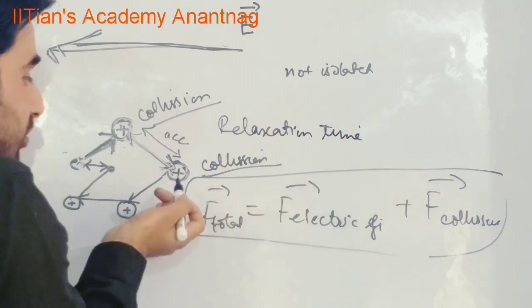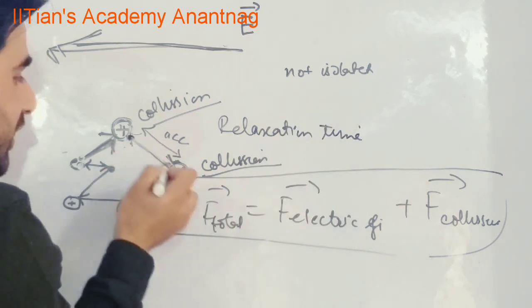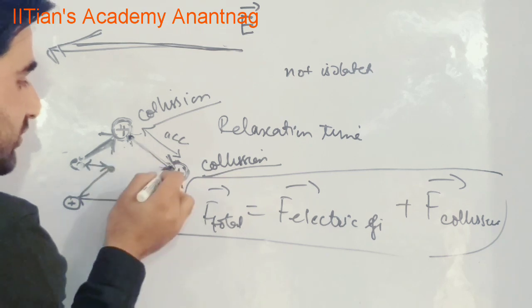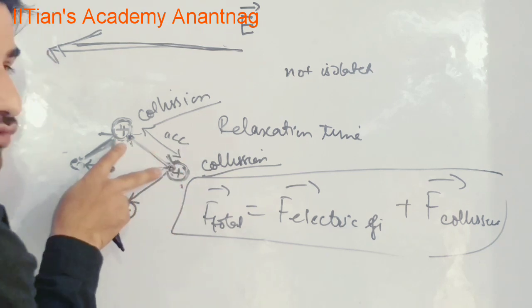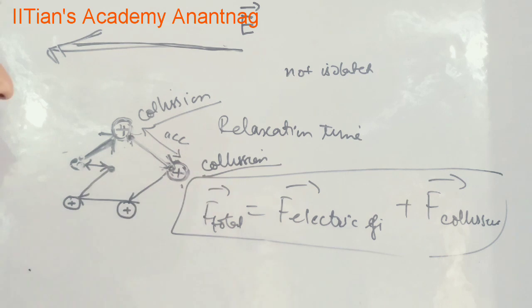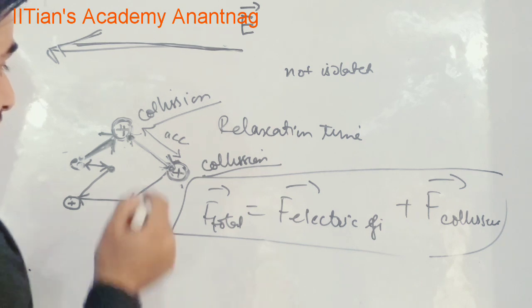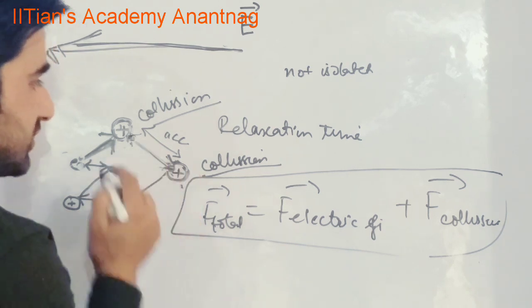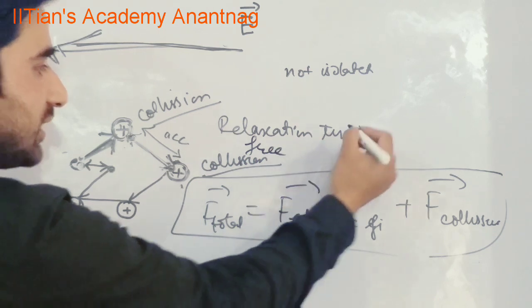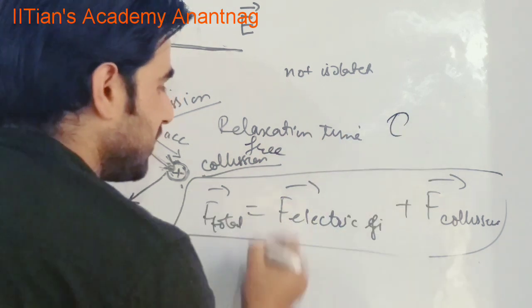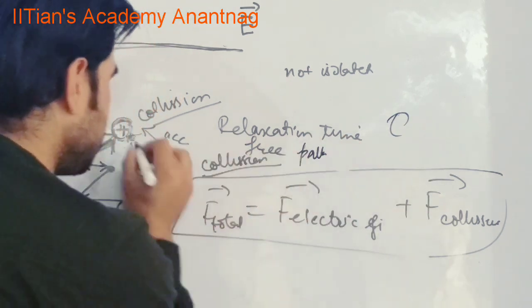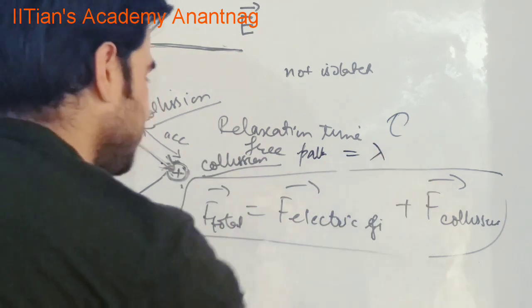Because from this collision site to this collision site, in between the two successive collisions, the electron is somewhat relaxed, there is no obstruction due to collisions. The distance covered between two successive collisions is called the free path. Relaxation time we represent by tau, and free path, the distance between two successive collisions, we represent by lambda.